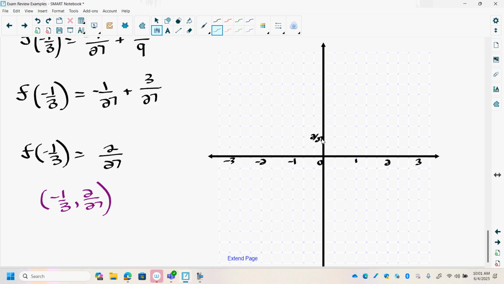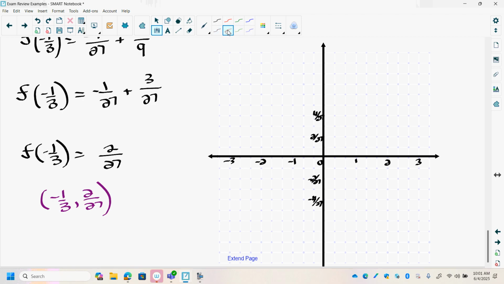You okay with me counting by 27ths? So that's 2 over 27. That's 3 over 27, or 1/9. This would be 4 over 27. And I do the same thing down here. Negative 2 over 27, and this would be negative 4 over 27. So each block is a 27th.